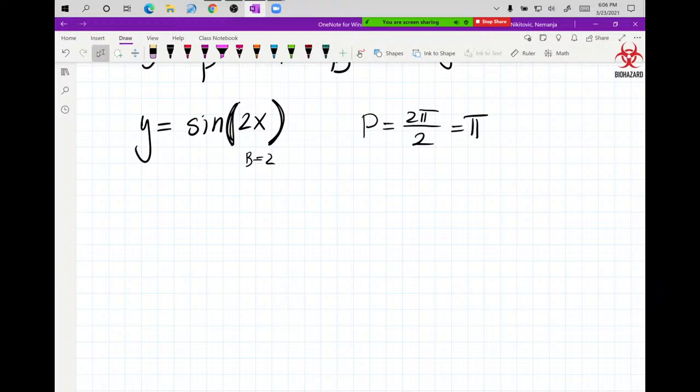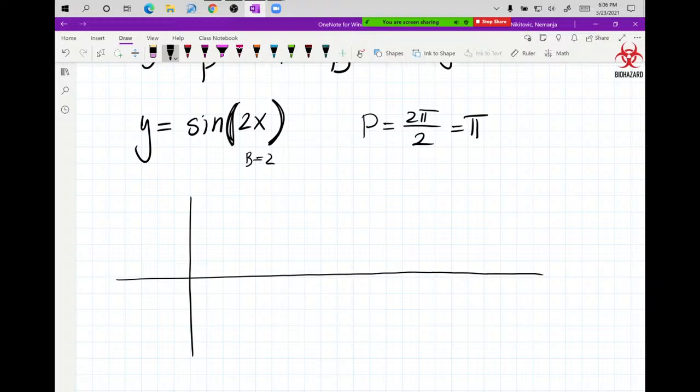Now, how do we deal with the graph? So we have our x and y coordinate system, and we know that my amplitude is 1 and nothing is shifted up and down.